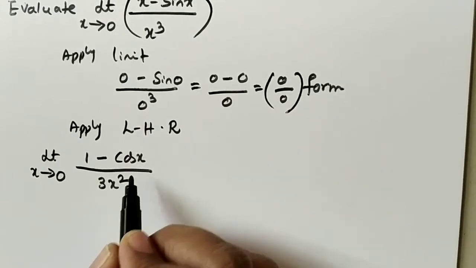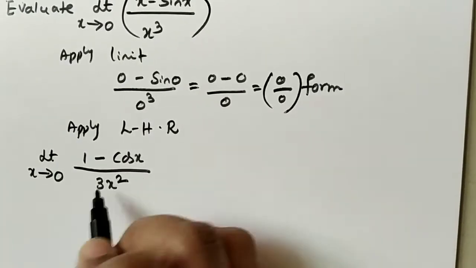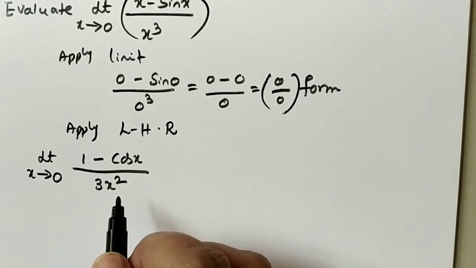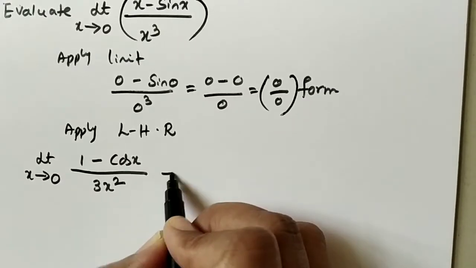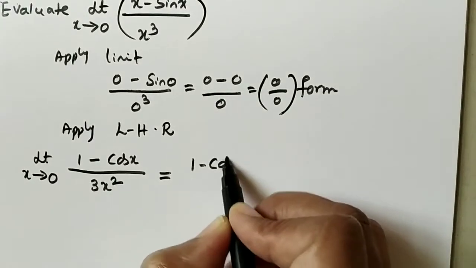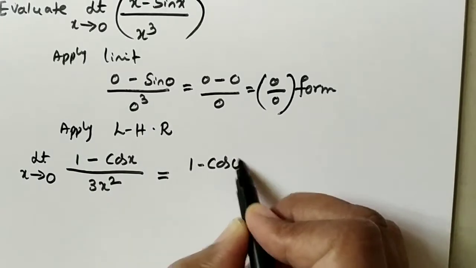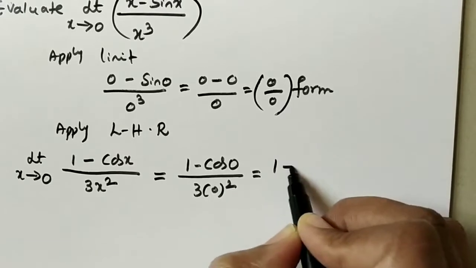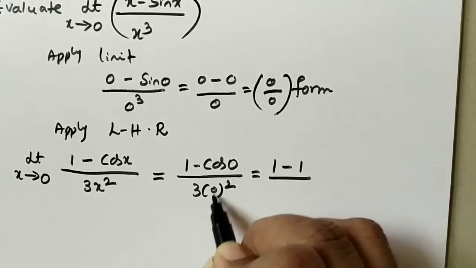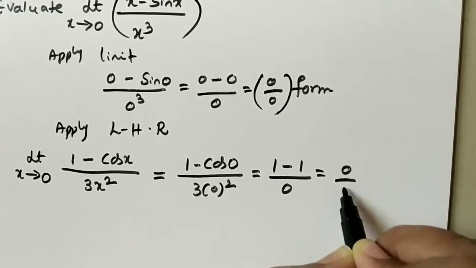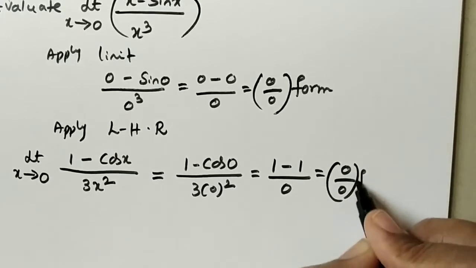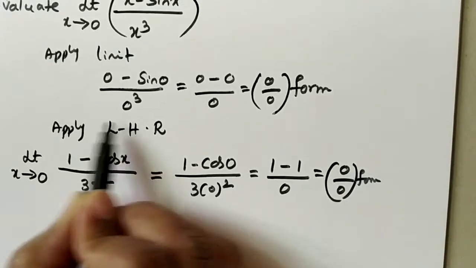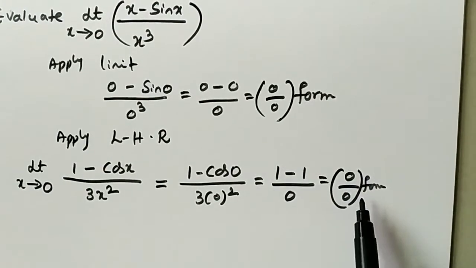This is L'Hospital rule. Now apply the limit again and verify for the indeterminate form. 1 minus cos 0 is 1 minus 1, which is 0, by 3 into 0 square, which is 0. That means 0 by 0 form. After applying the rule, again we are getting 0 by 0 form.